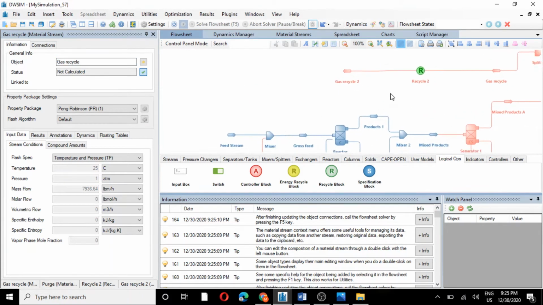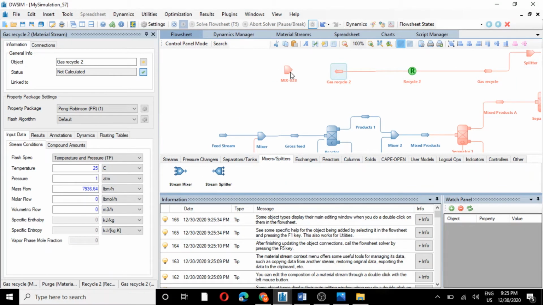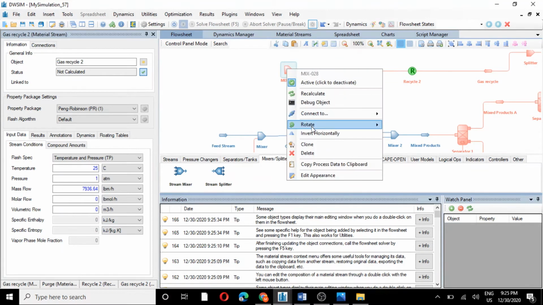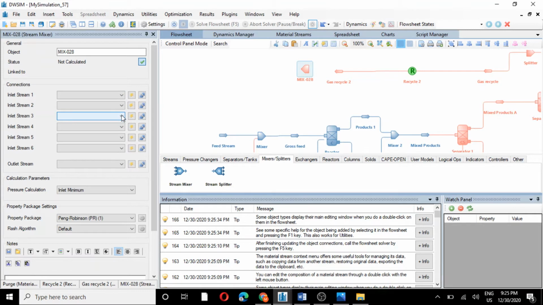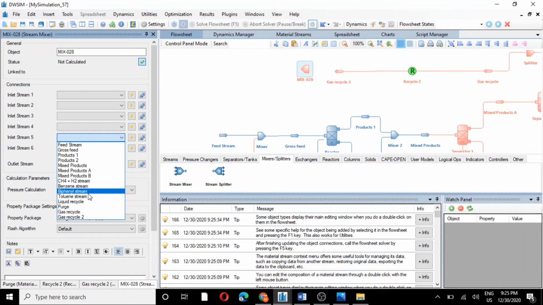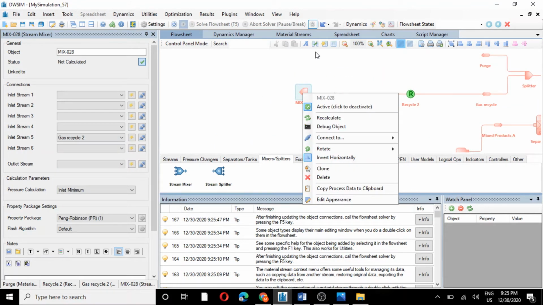So this gas recycle enters a mixer. Just gonna invert this horizontally, and we have an inlet stream. Gonna put this in inlet stream 5. You can put it wherever you want.